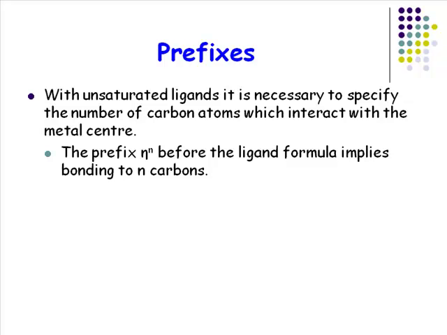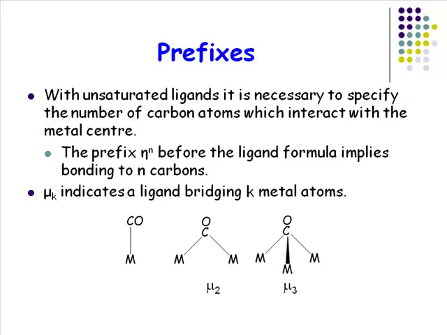It can be less than that, in which case I would definitely expect to see it specified in the form of this prefix. There's one more prefix that we need to use, and that is mu. Mu refers to bridging. It would be entirely pointless to have a mu1, because mu1 is bridging one metal, so it doesn't make any sense.